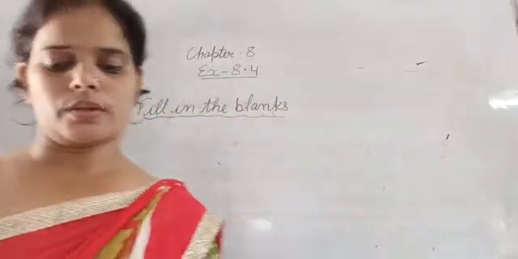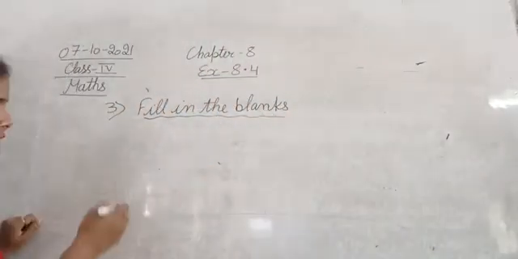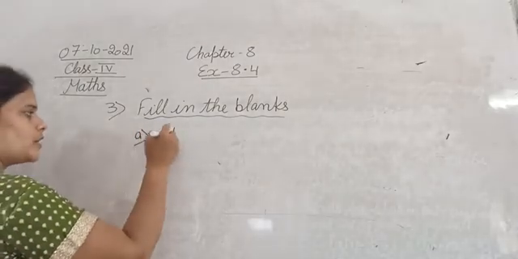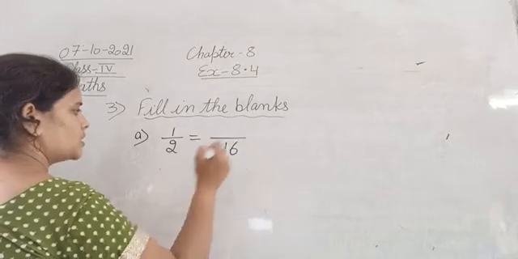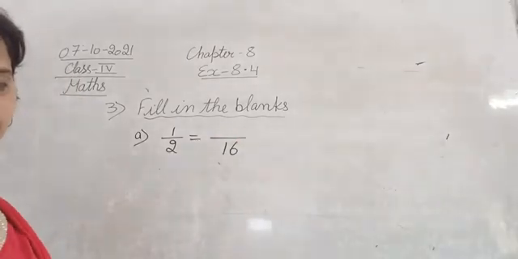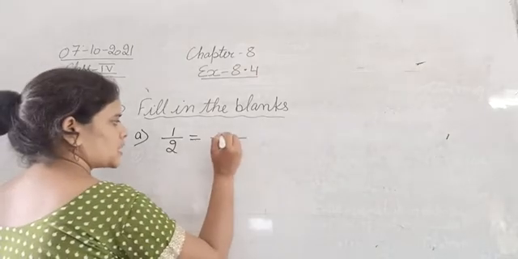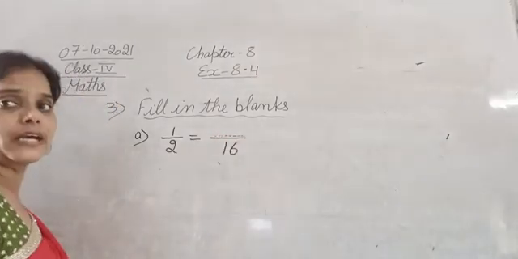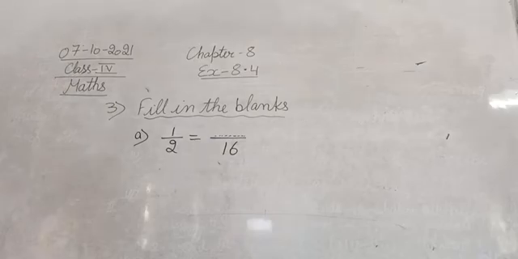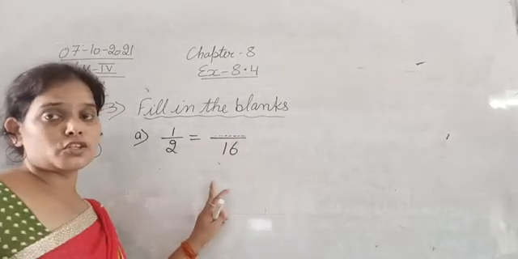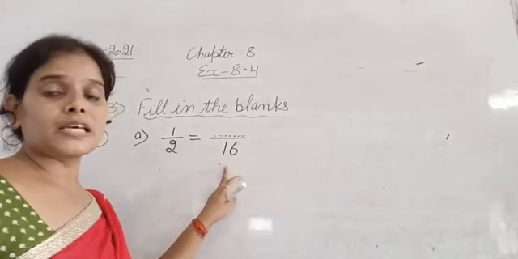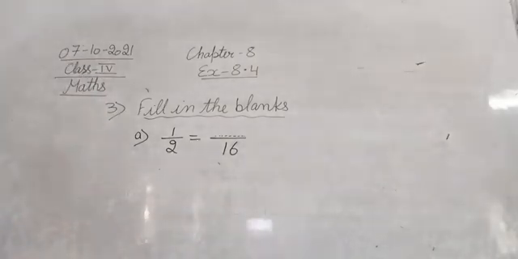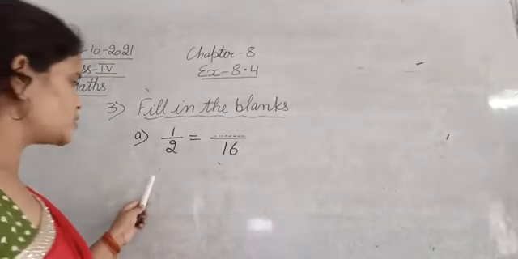So the first is A: 1 upon 2 is equal to dash upon 16, and we need to fill this blank. So we have to fill this numerator. Here in the denominator we have 16.